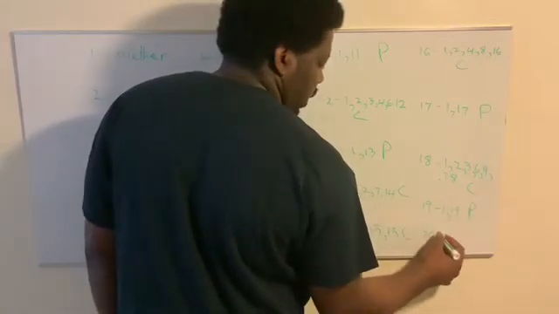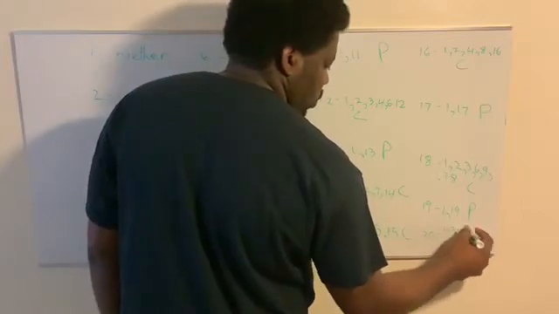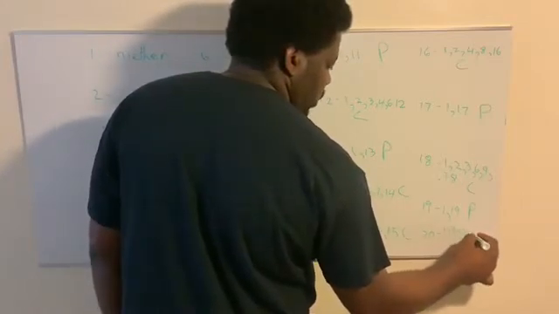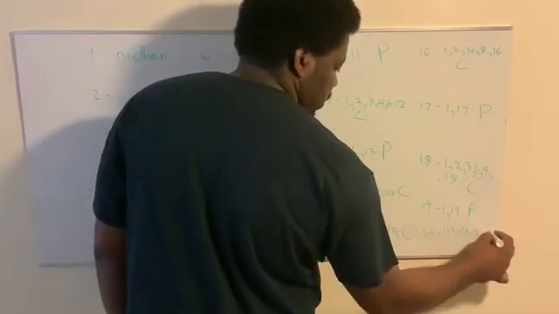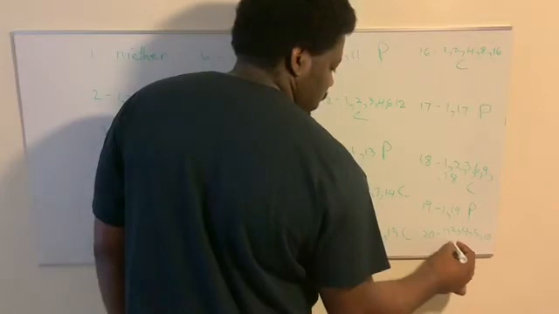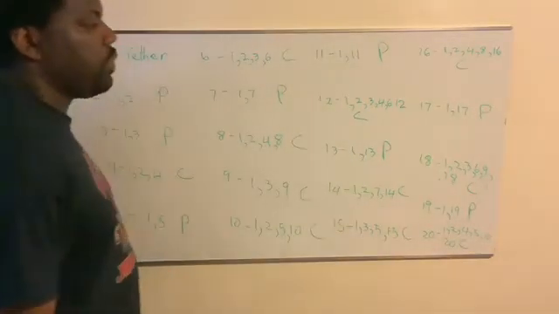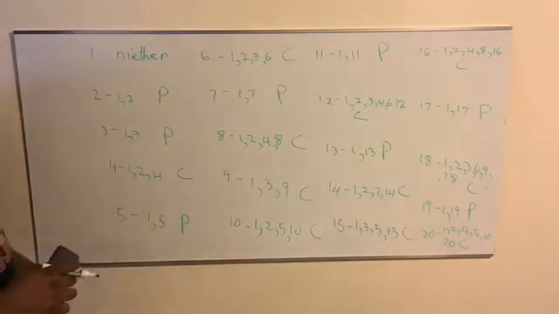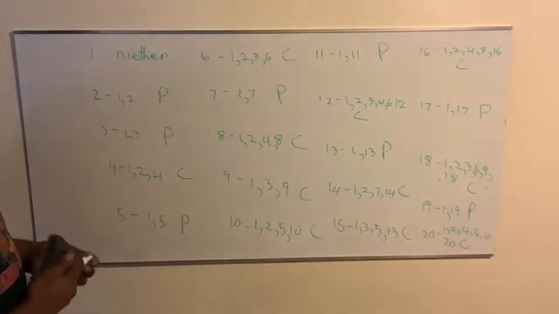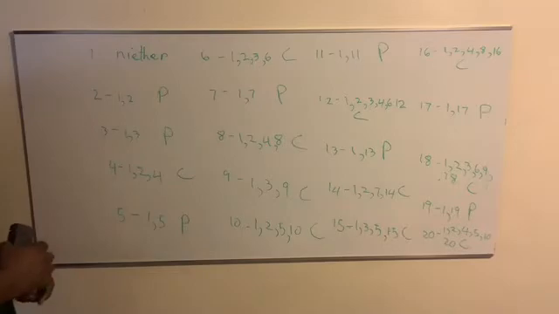And 20, we have 1, 2, 4, 5, 10, and 20, so it's composite. Okay, it's very helpful to know these basic facts between 1 and 20 for further study of prime and composite numbers.